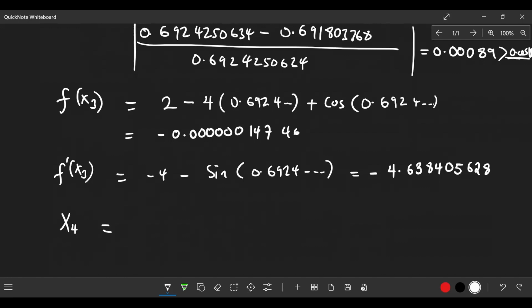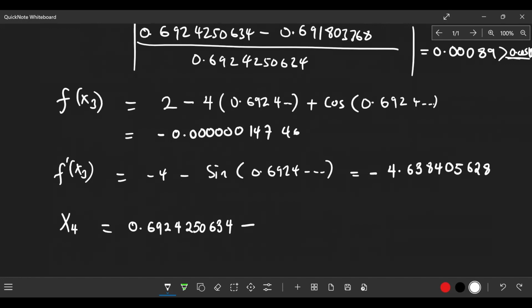So x4, because now we are using x3, and remember that x3 is 0.692425034.